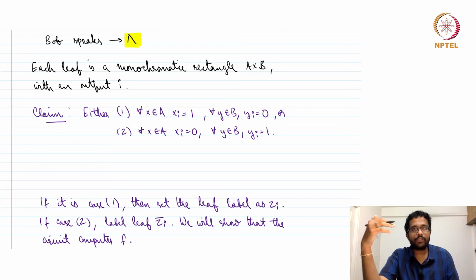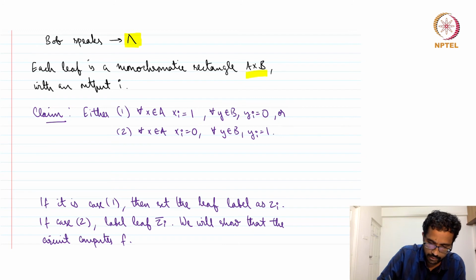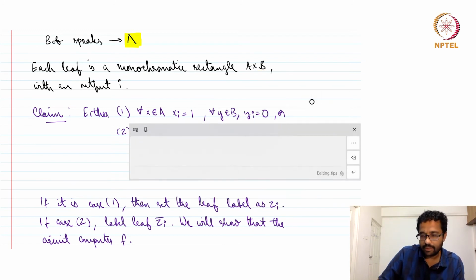In the circuit, it should be some input to the circuit, so maybe some z_i or z_i complement. So how do we get that? What should be the labels of the leaves? We know that every leaf is a monochromatic rectangle, which is what we saw earlier when we learned communication complexity. Every leaf is a monochromatic rectangle A cross B, and monochromatic means it gives a certain output i.